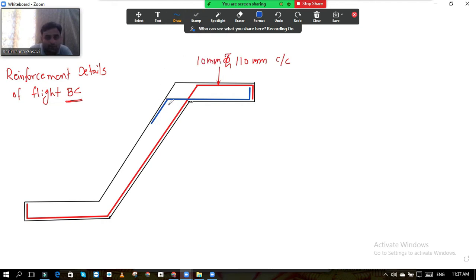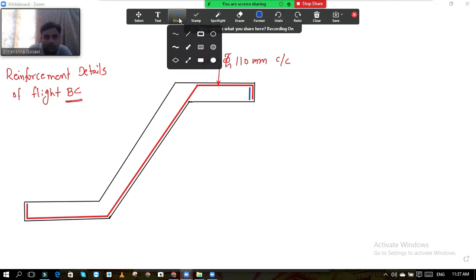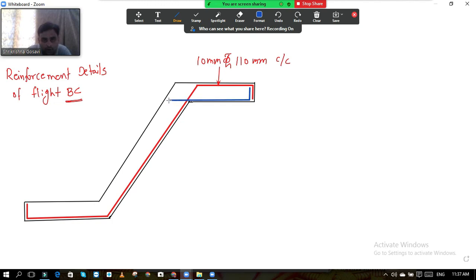Same bar, I will draw it once again. It is not properly drawn. So here, up to this point it comes like this, and after that it is bent, and this length whatever you are seeing over here now is nothing but its development length.